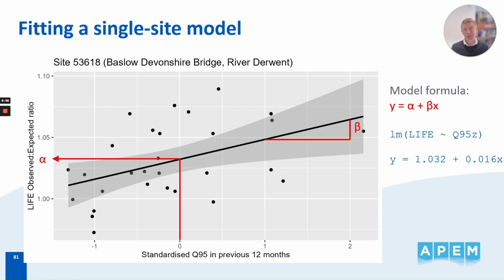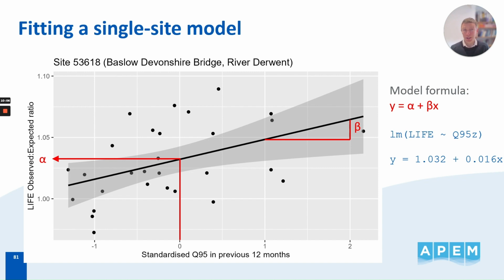This linear regression relationship is defined by two parameters, alpha and beta. So the model formula is shown on the slide here in red. So essentially, we're saying that the predicted or expected LIFE score is a function of alpha, which is an intercept value. This is the mean value of our LIFE scores when our predictor variable is 0.